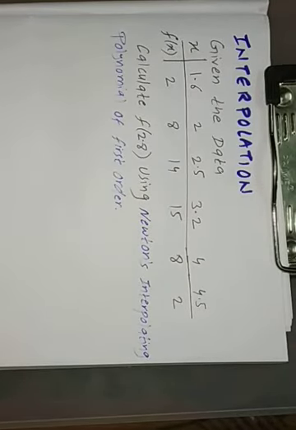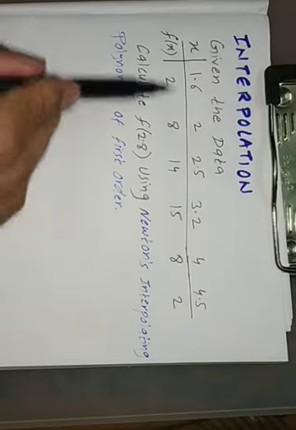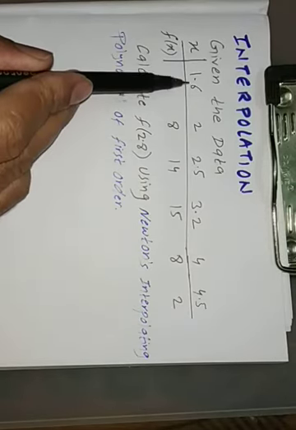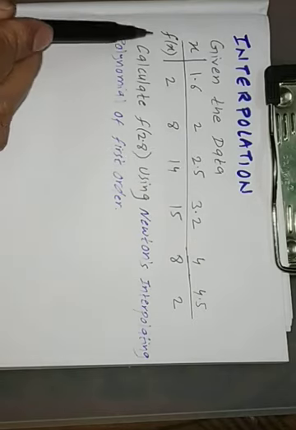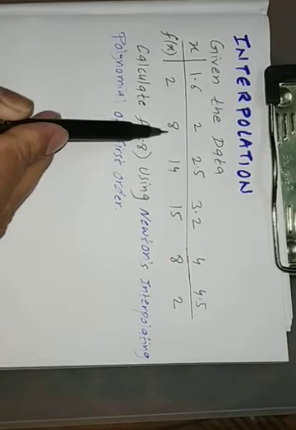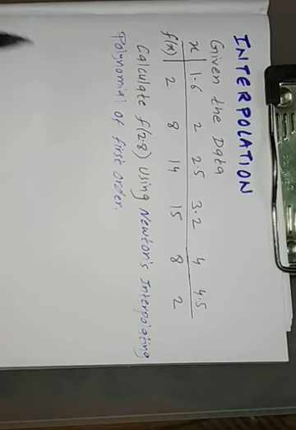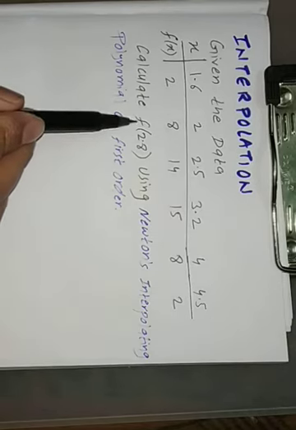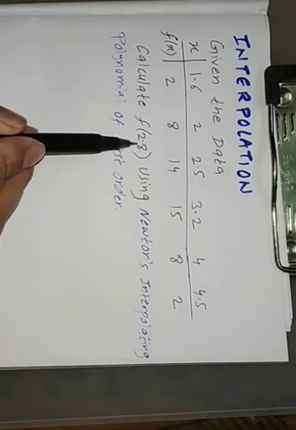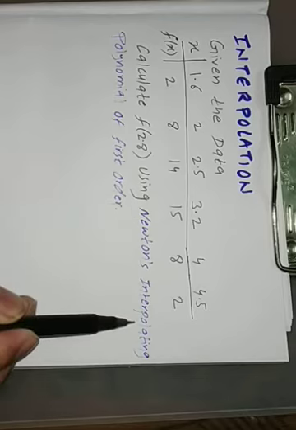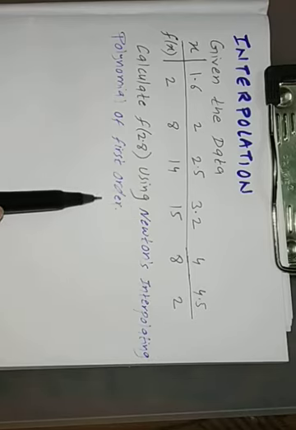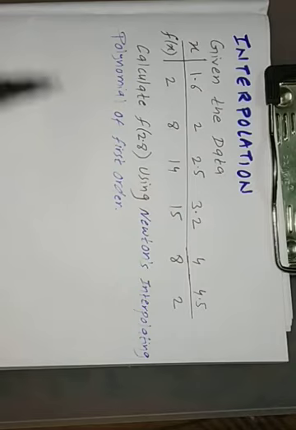Next we'll solve one problem on interpolation. Here the data is given: x values 1.6, 2, 2.5 and so on, and f of x values 2, 8, 14 and so on. Calculate f of 2.8 using Newton's interpolating polynomial of first order. Means at x is equal to 2.8, we need to find the value of f of x.